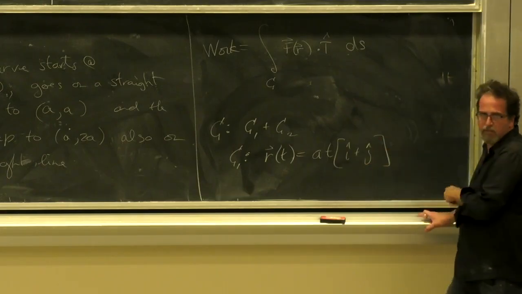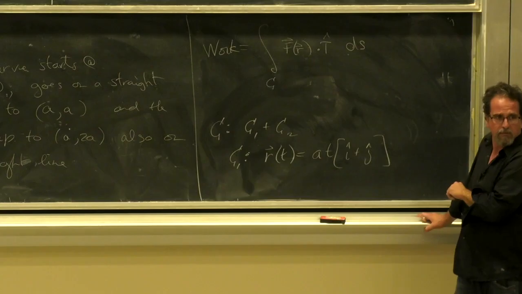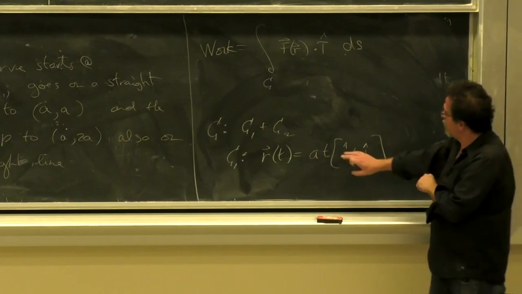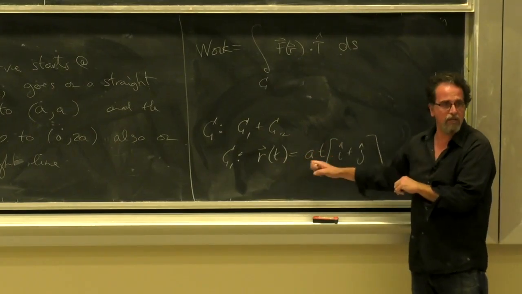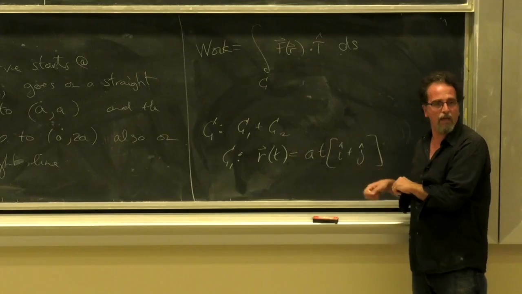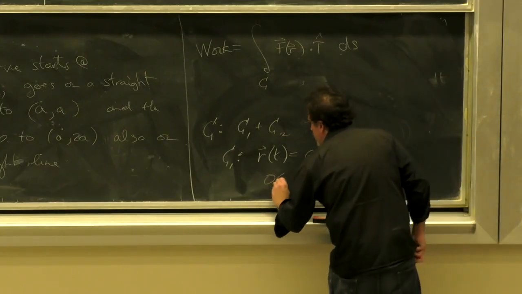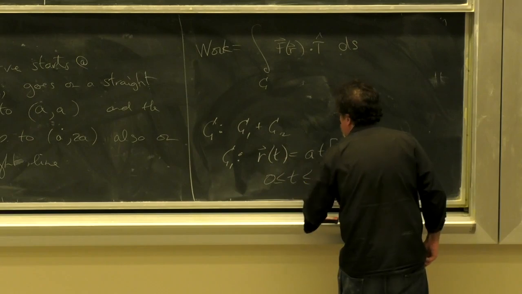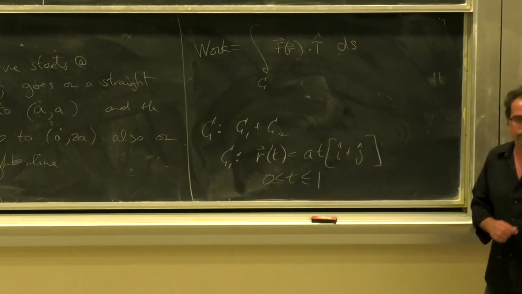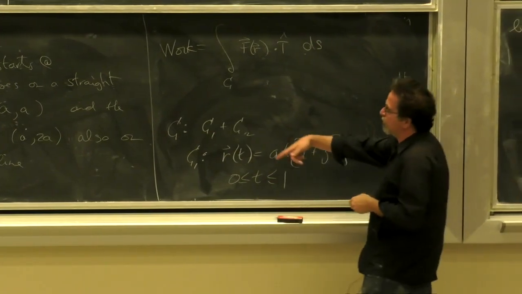This is not the unit tangent, but it's a tangent vector. Okay? At t equals 0, it's at the origin, and at t equals 1, it's at the point a, a. It's a straight line. So for 0 less than or equal to t, which is less than or equal to 1. Okay? So that's the first curve.